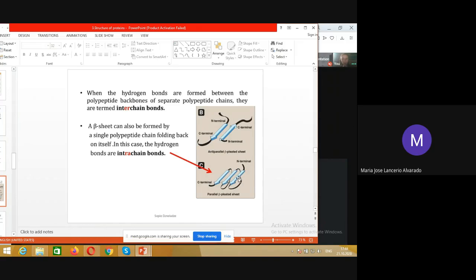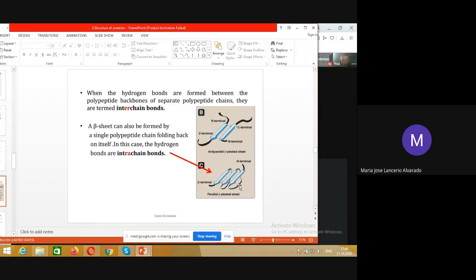A beta sheet can also be formed by a single polypeptide chain folding back on itself. In this case, the hydrogen bonds are intrachain. Intra, and the other one is inter.